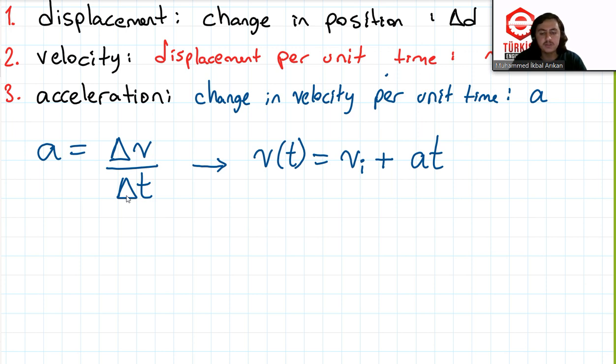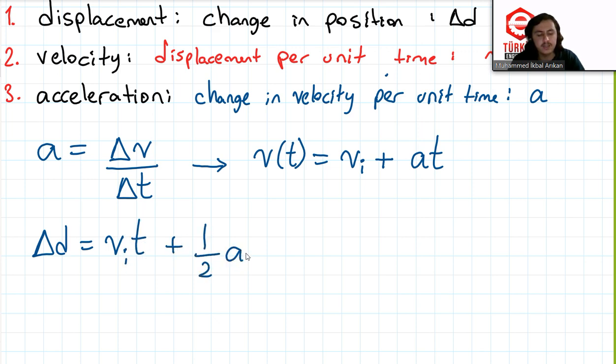So we have displacement. How can I calculate displacement? By using velocity and acceleration. So I will have initial velocity times time plus 1/2 acceleration times time squared. Why do I multiply v initial by time? Why is it 1/2?